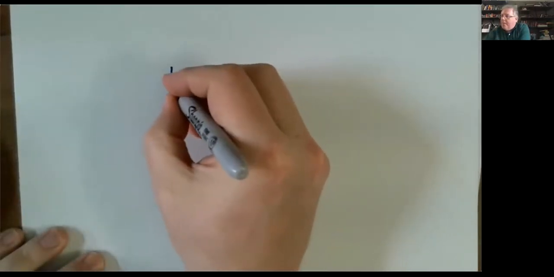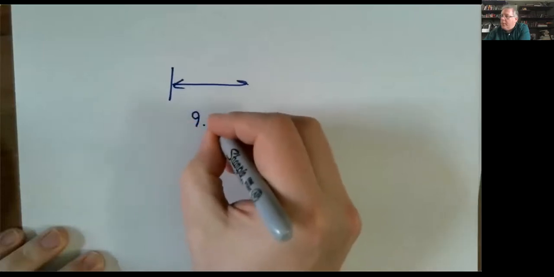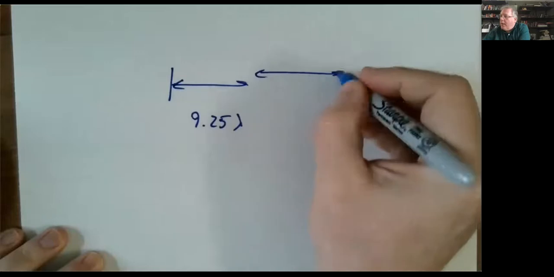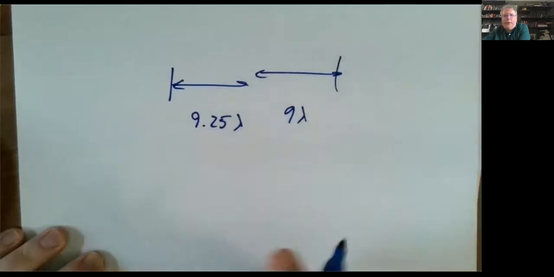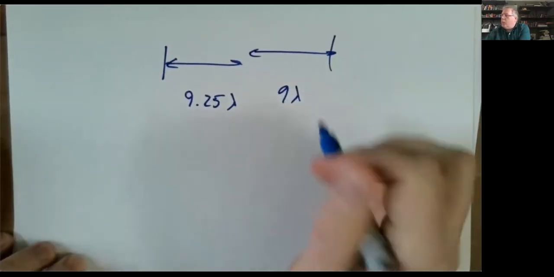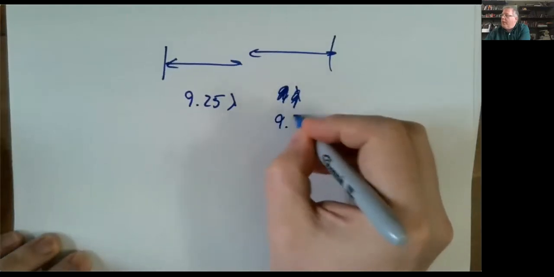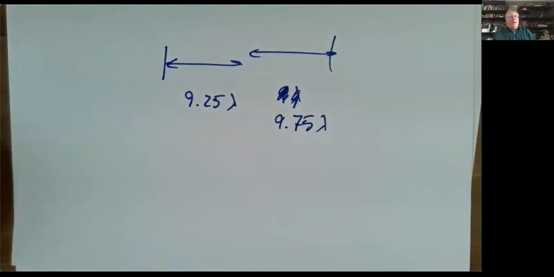So for instance, what would I get if I had the two, and let's say this was 9.25 wavelengths and the other one was 9 wavelengths. Or let's say 9.75 wavelengths. What would I have in that case?